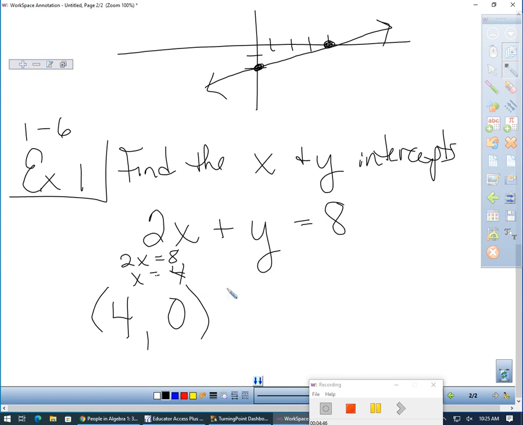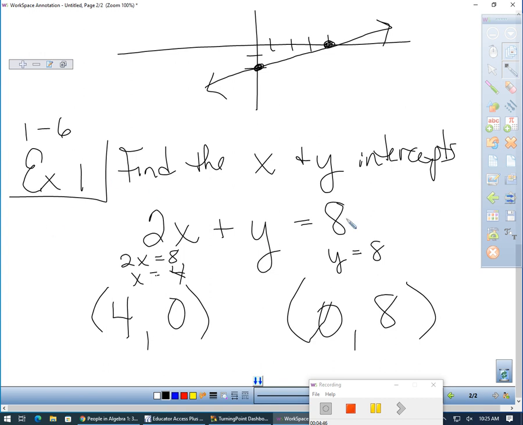Then I want the y-intercept, so I put 0 in for x. If I put 0 in for x, I cover the 2x up. I get y equals 8. So that would be my answer for the first one, 4, 0 and 0, 8. 2 points where my line crosses the x and y axis. You'd plot those 2 points and connect the dots if we had to, but we're not there yet.